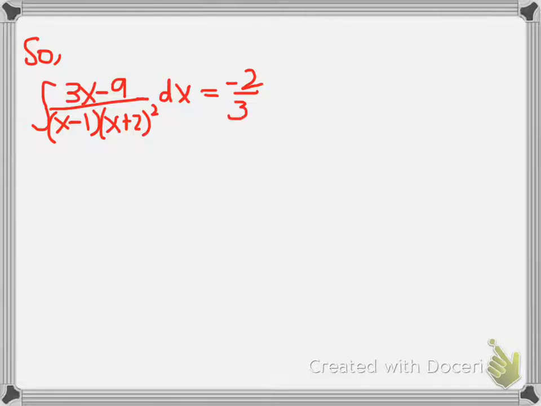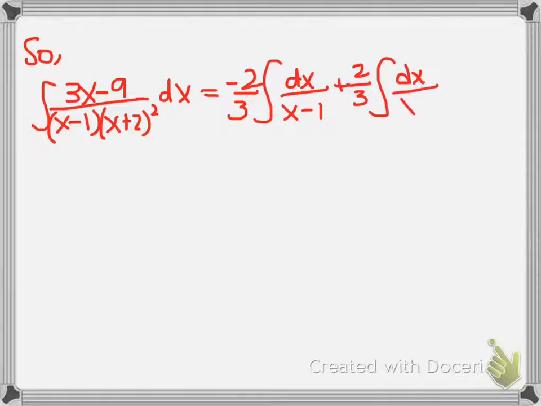It's going to equal -2/3 times the integral of dx over x minus 1, plus 2/3 times the integral of dx over x plus 2, plus 5 times the integral of dx over (x plus 2) squared. Don't forget that squared, okay?